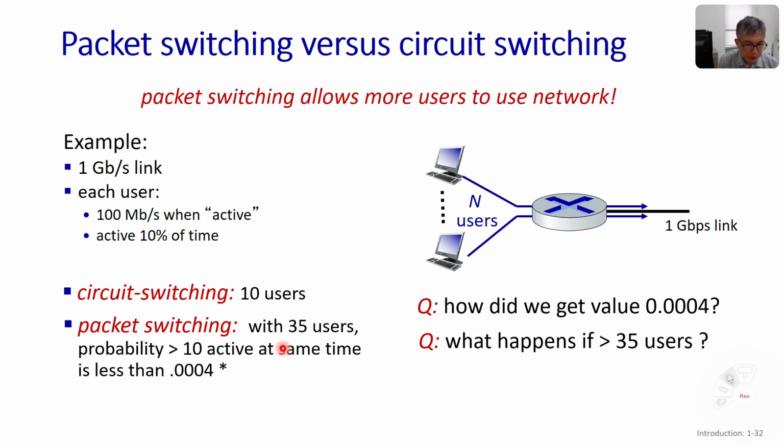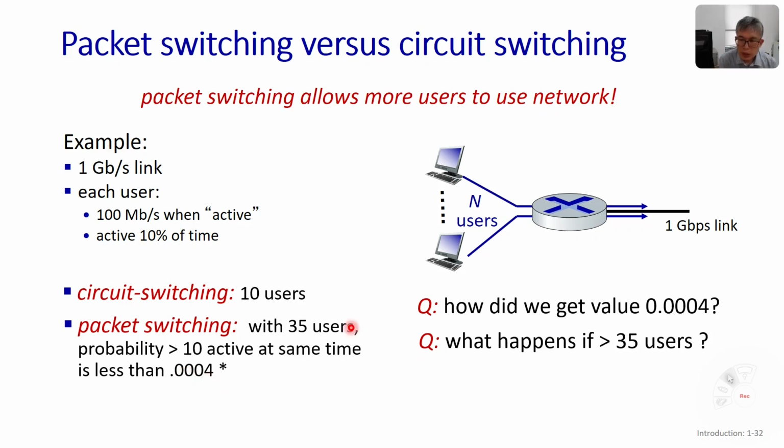With 35 users and 10% active time, how many people are active on average? 3.5 over time. So the probability of more than 10 users accessing at once we can calculate. Consider this combination: it is less than 0.0004.